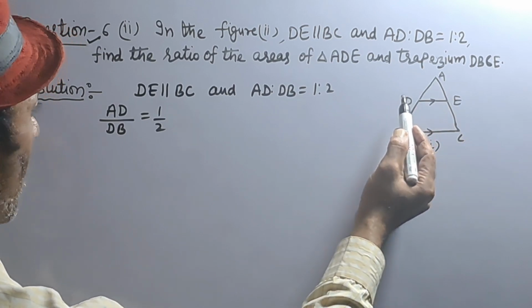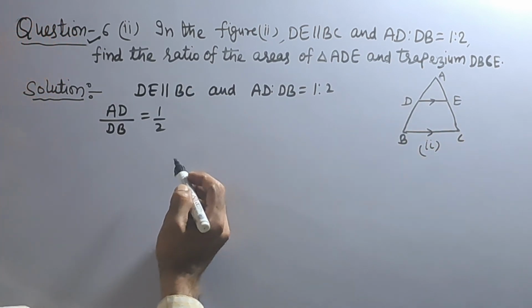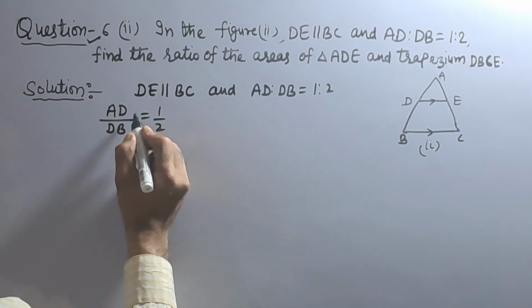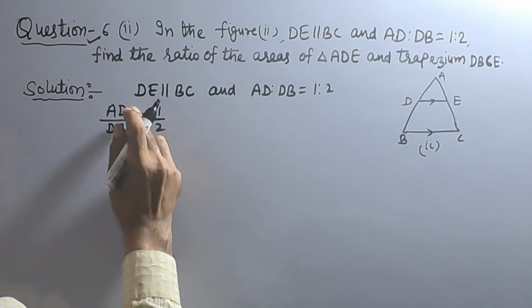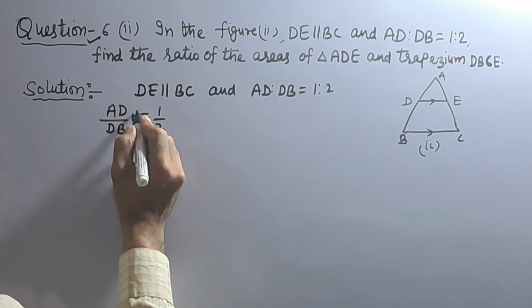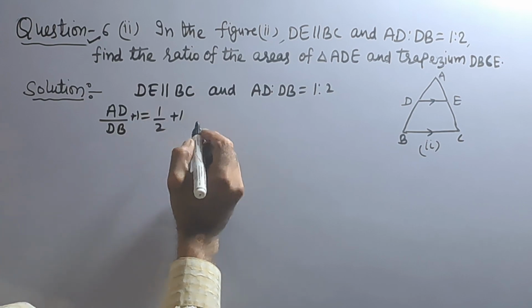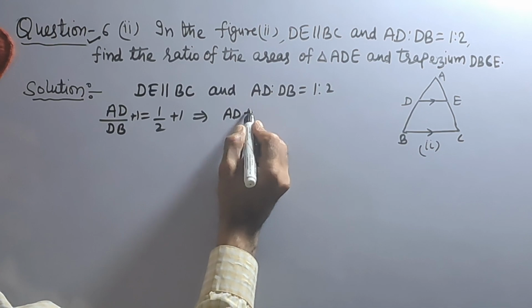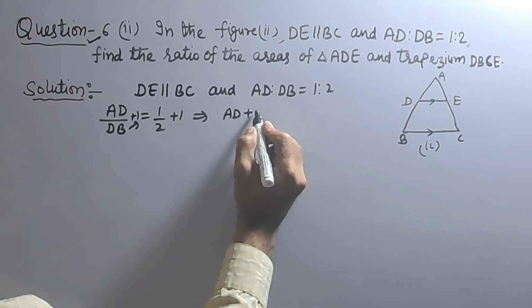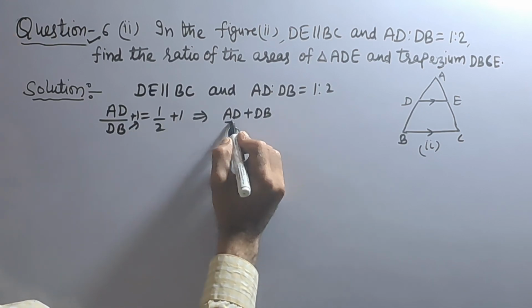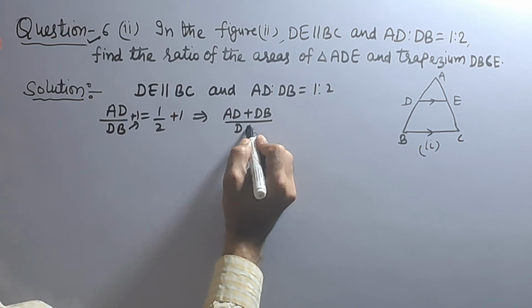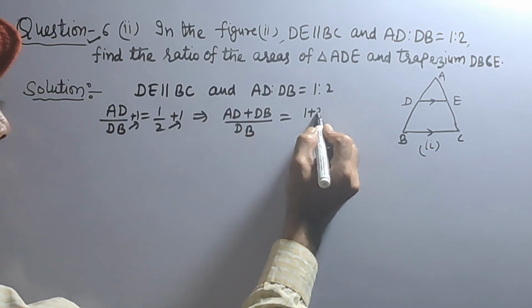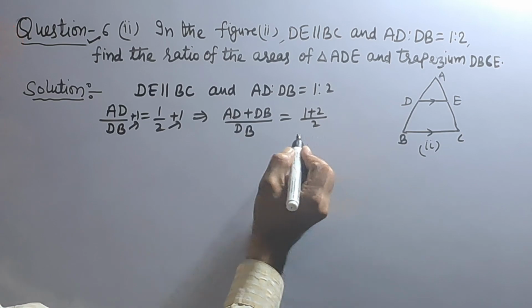Adding 1 both sides, we get AD upon DB plus 1 is equal to 1/2 plus 1, which implies AD plus DB upon DB is equal to 1 plus 2 upon 2.